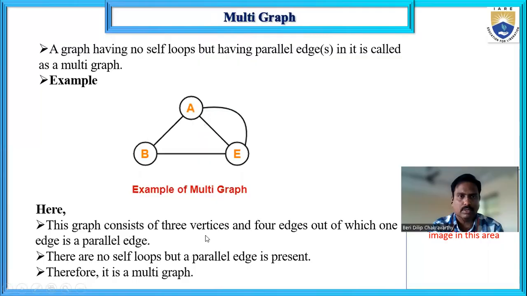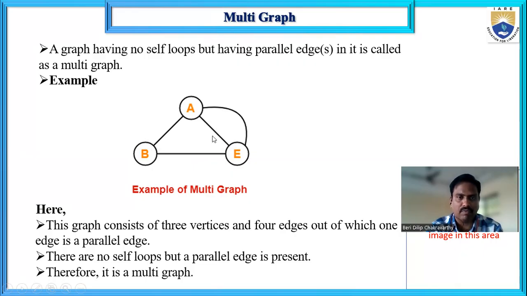Okay. So then multi-graph, a graph having no self loops but having parallel edges in it. If it has parallel edges in it, it is called a multi-graph. If you observe here, there is a parallel edge between A and E. This is one edge and this is another edge.